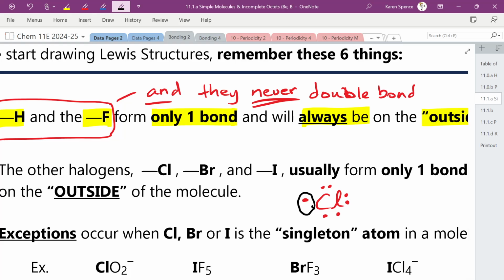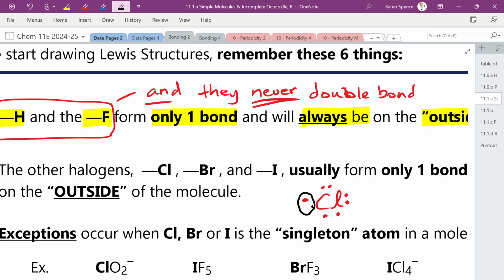But do you remember what I said about row 3 and below? Row 3 and below, because they are big, they can accommodate more than 8 electrons. So instead of just having this 2, 4, 6, 8, you can have like 10, 12 sort of on the sides.